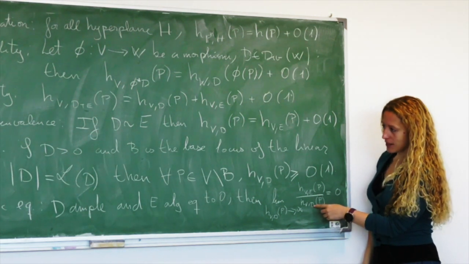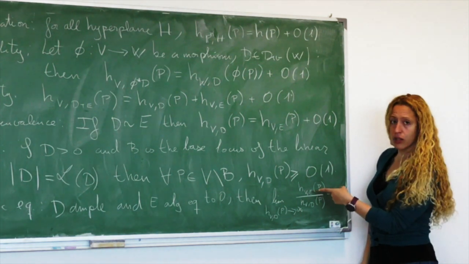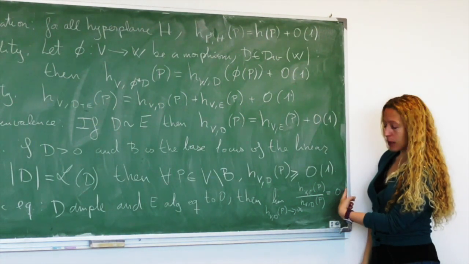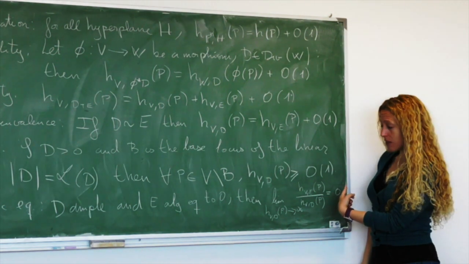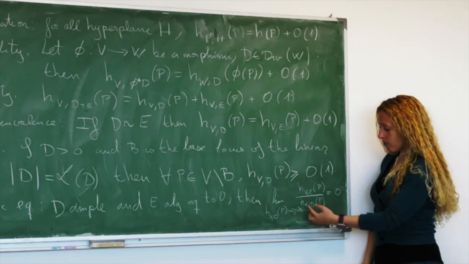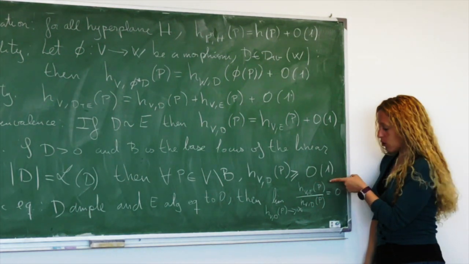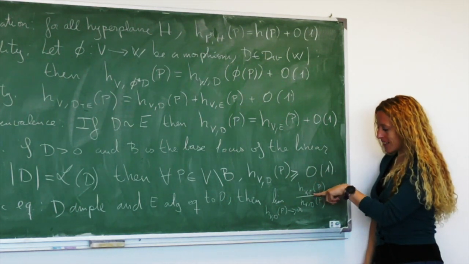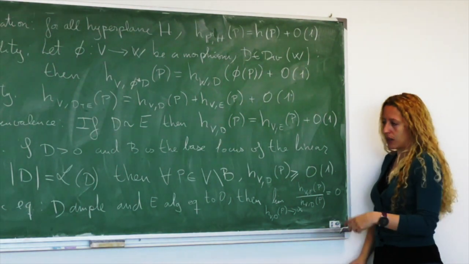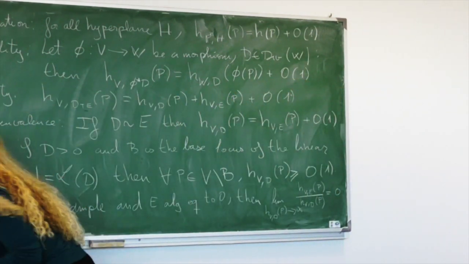Here D is ample and E is algebraically equivalent to 0. That this limit goes to 0 means that when the height in general goes to infinity, this one goes to infinity much faster than this one, because here the divisor is algebraically equivalent to 0. So this is how this property should be interpreted. Okay, let's go to the other side to see the other properties.